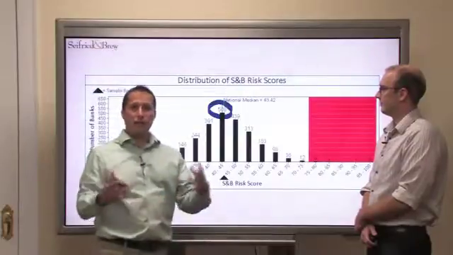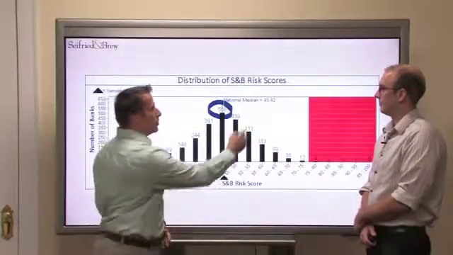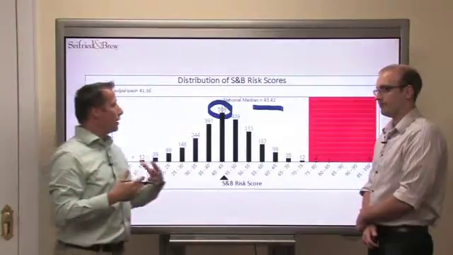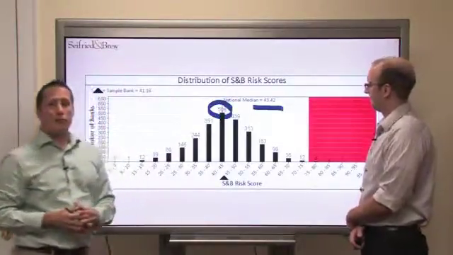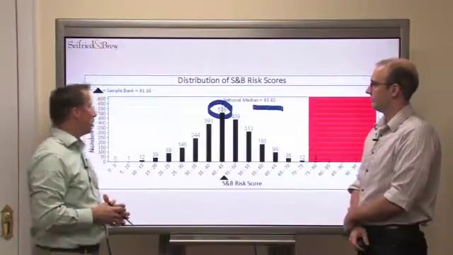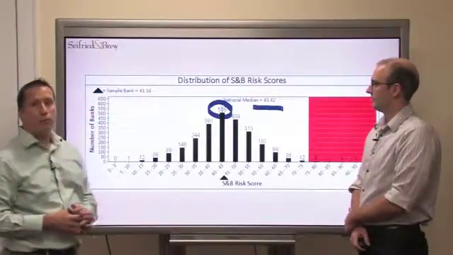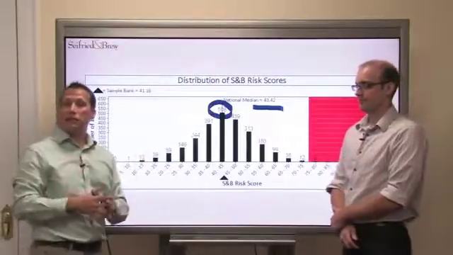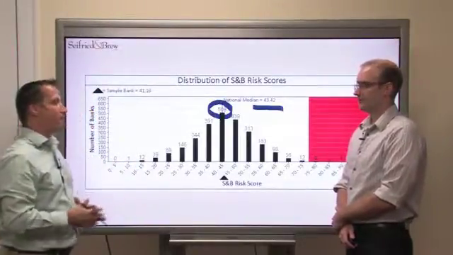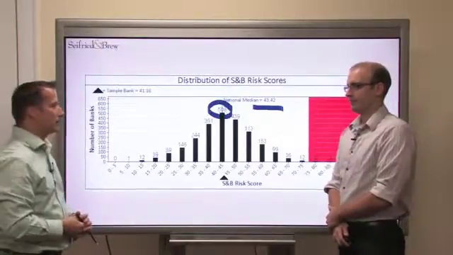The median total risk for institutions across the United States in our community benchmark group totals 43.42, just above where this institution falls at 41.16. So this institution can be said to have slightly less risk than the average institution across the United States.